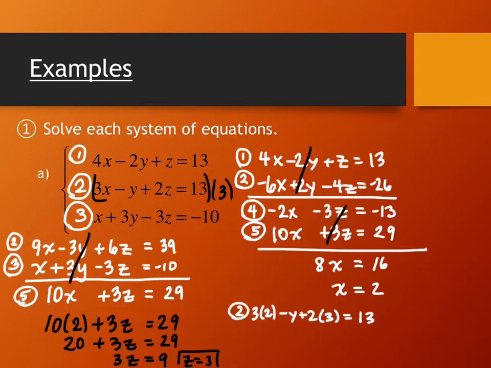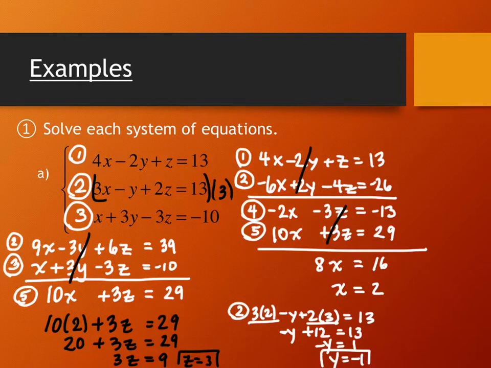So I've got 6 and 6. Right, so these two add together to be 12. So I have negative y plus 12 equals 13. So negative y equals 1. So what's y? Negative 1.